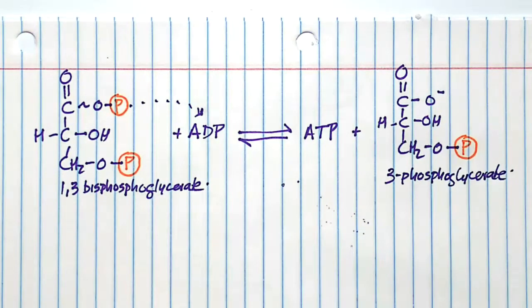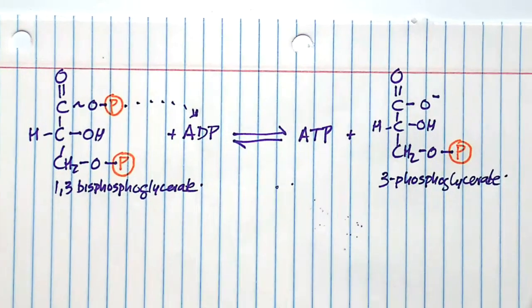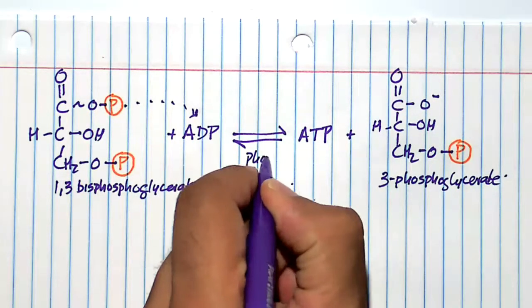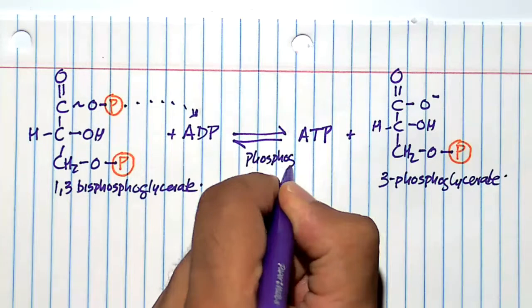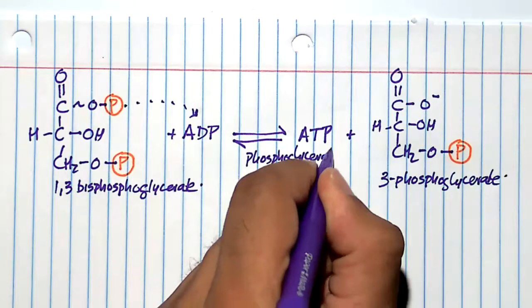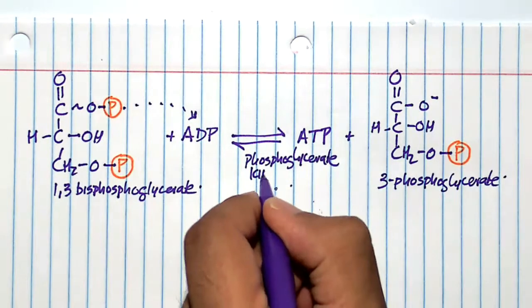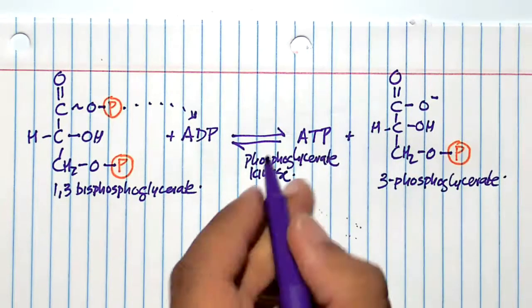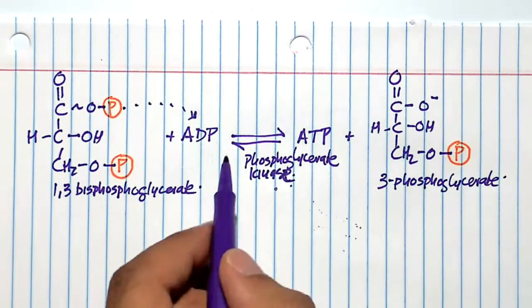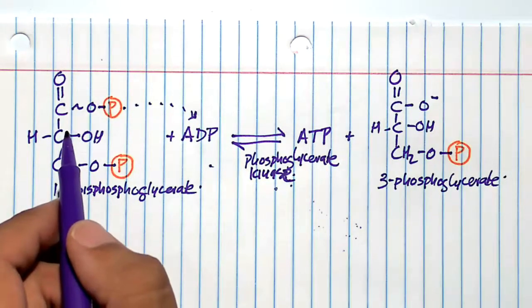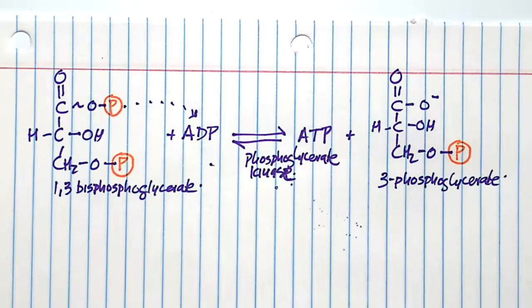The enzyme that catalyzes reaction 7 in glycolysis is phosphoglycerate kinase. Kinases are enzymes that phosphorylate things. So this kinase is going to phosphorylate ADP, the donor being 1,3-bisphosphoglycerate, to give you ATP.